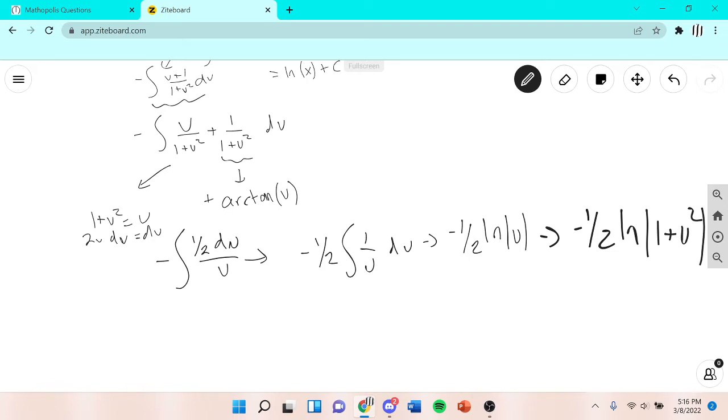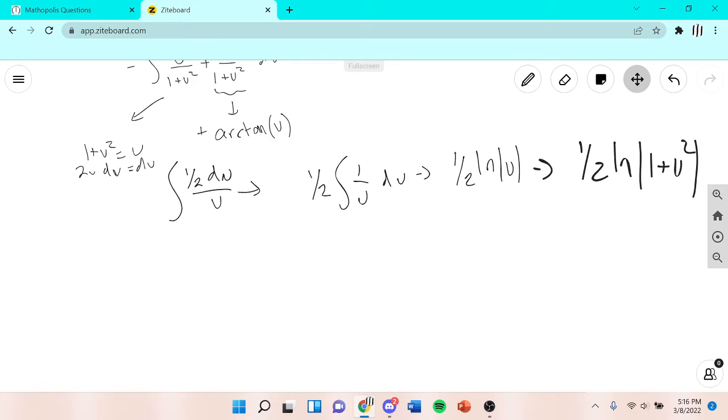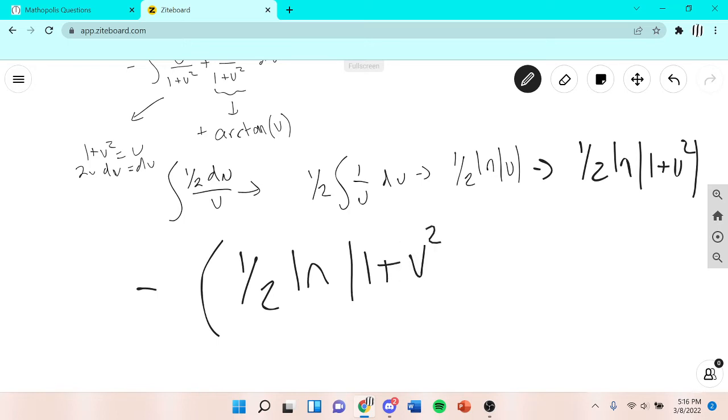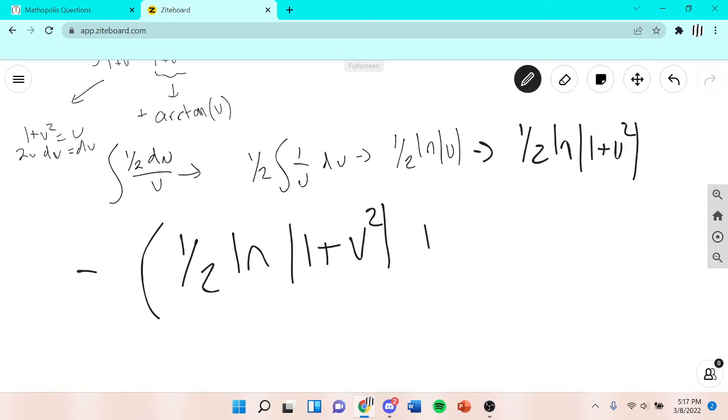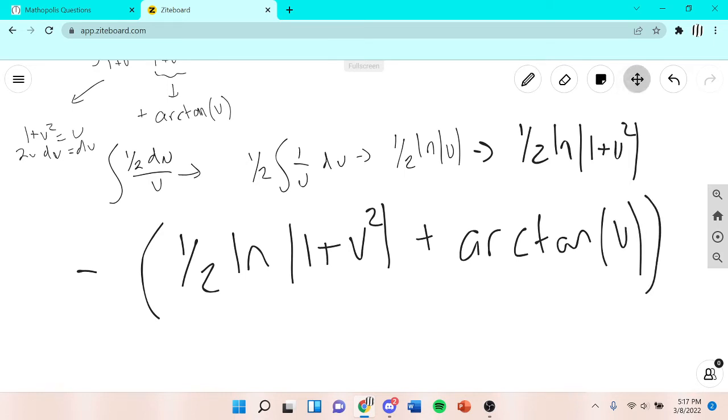Okay, sorry, I'm going to take this negative out because I do not want to account for that yet. But yeah, basically the left side just evaluates to 1 plus v squared plus arctan of v, and that is equal to ln of x plus c.